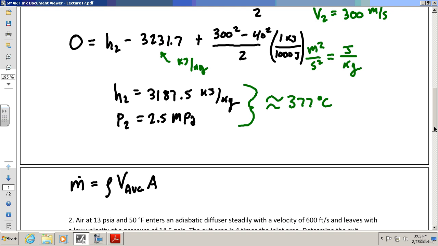Remember, this is a single input, single output system. The mass flow in is the same as the mass flow out, right? So what that says is that the density times the velocity times the area going in is equal to the density times the velocity times the area going out.